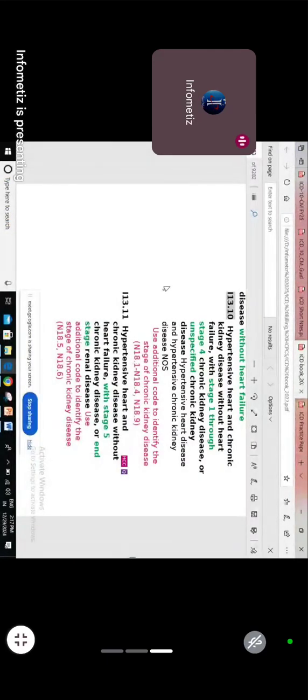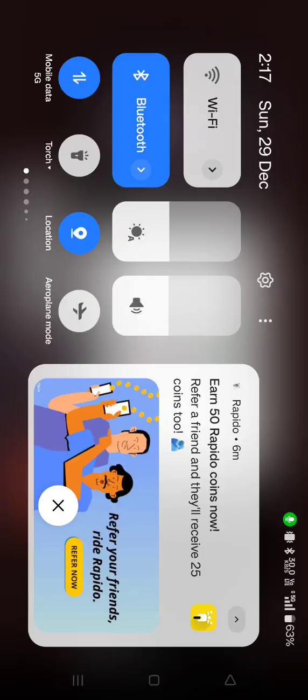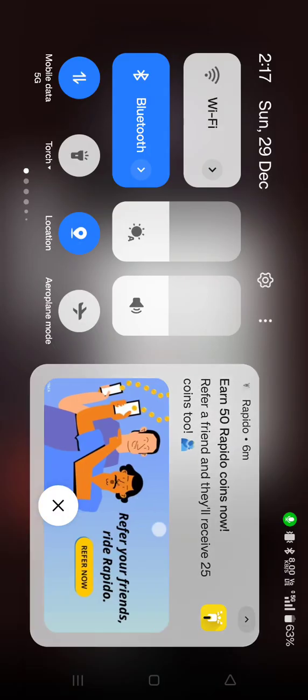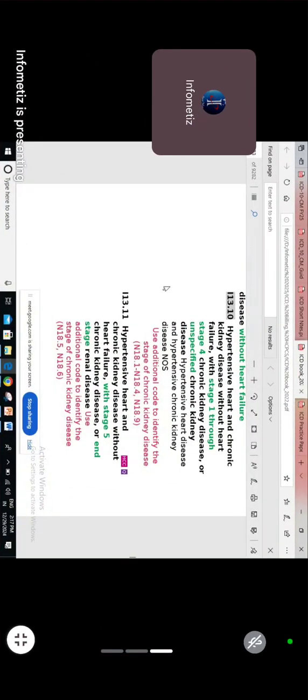If the stage is 5 or 6, I13.11. If the stage of the CKD is 1 to 4 or 9, I13.10. Right? Just look at that red color. Good now?